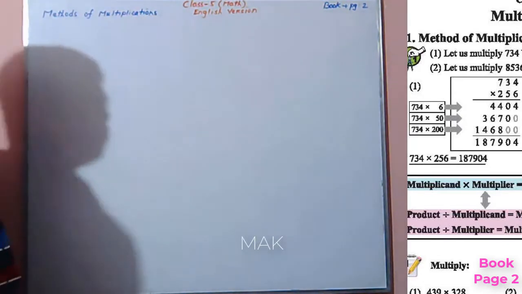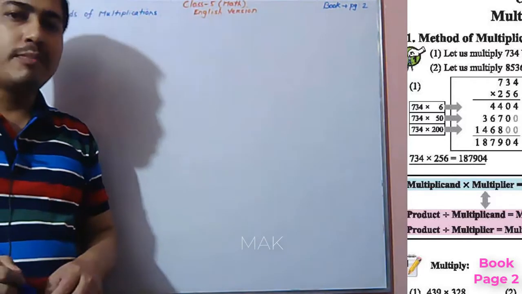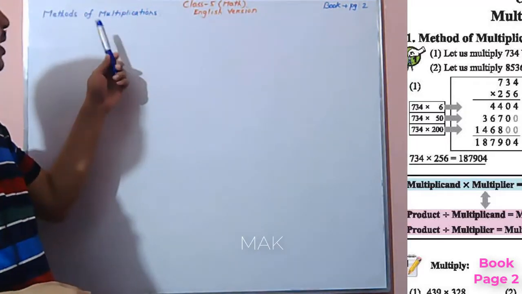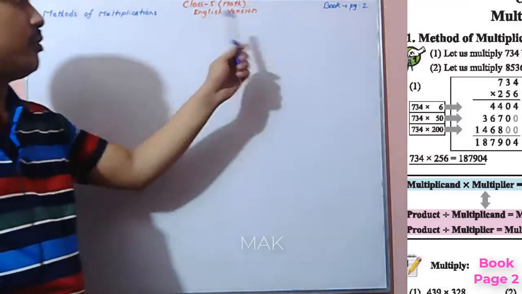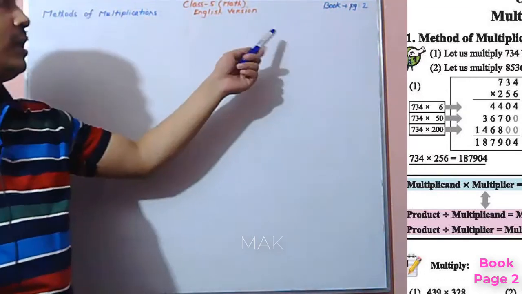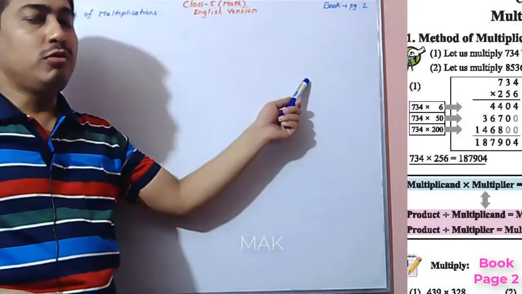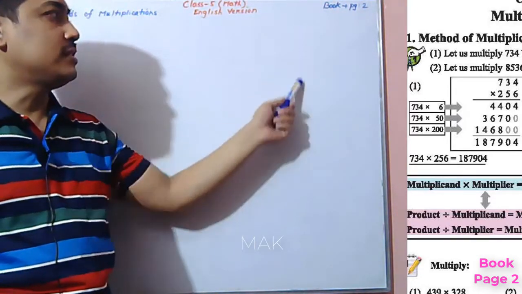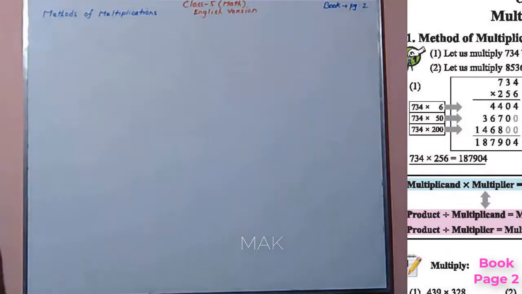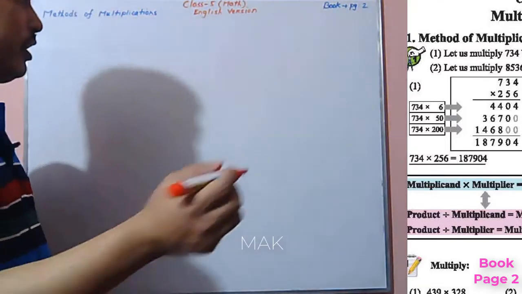Okay, so here we are going to talk about different methods. In this video I'm going to talk about the very first method. Right now I'm going to show you which methods I'm going to explain. I'm using red ink.